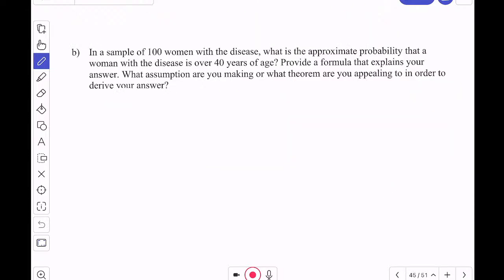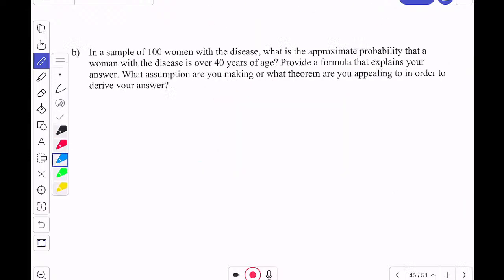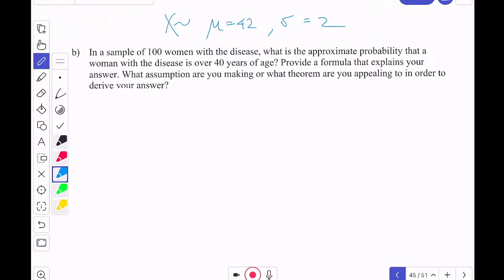All right, so in a sample of 100, let me take this information again. So each question I'll state my assumptions. But so far I know this. X. Mu is 42 and the standard deviation is 2.